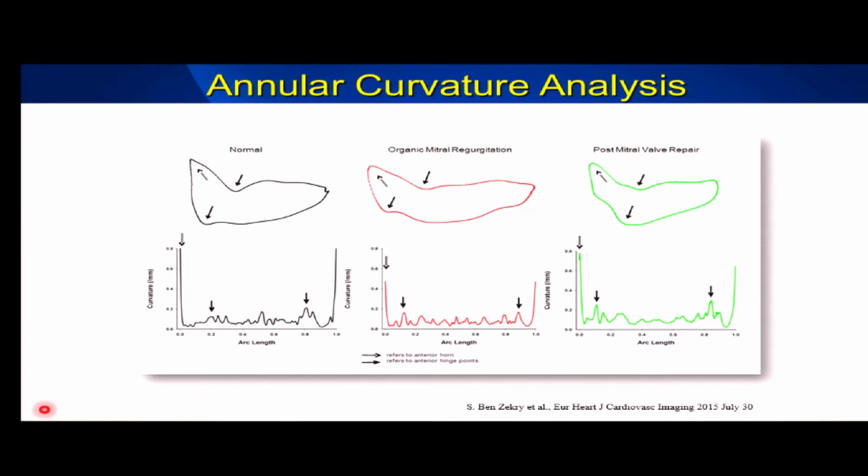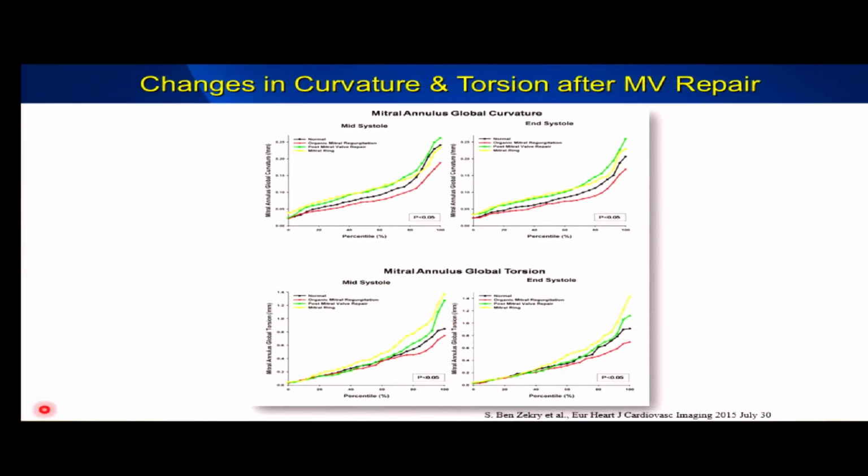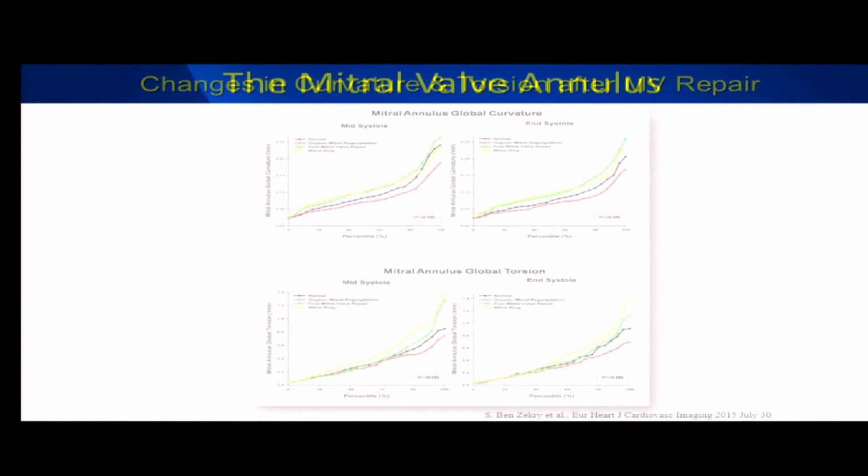This is your normal, and these are individual patients with organic mitral regurgitation. You could see how large and how flattened the annulus is versus after mitral repair. The valve annulus is coming back together, and if you look at these curvature numbers or torsion, they come back to close to normal, or actually they can get corrected depending on your surgical technique.